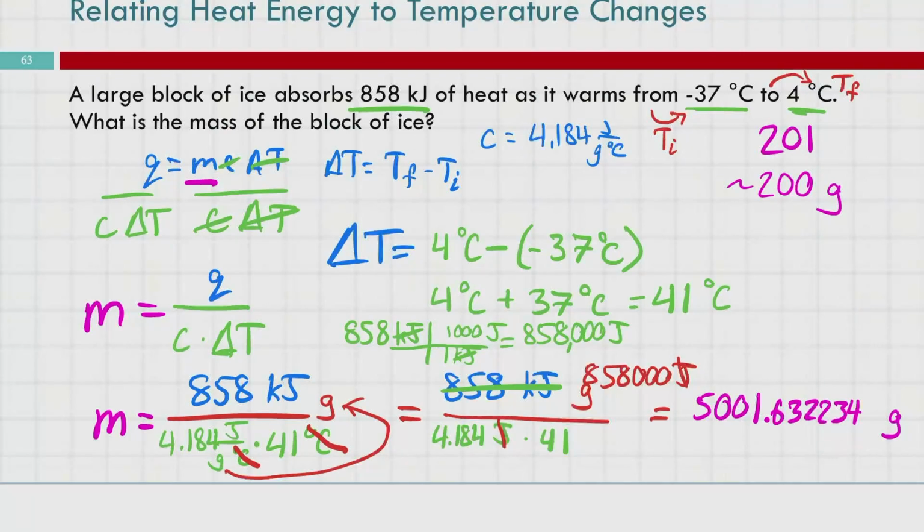So this would be like a 10-pound block of ice, 11-pound block of ice. For significant figures, we'd round it to 2, so we'd have to put it in scientific notation: 5.0 times 10 to the 3 grams. Questions? Confusions? Smart remarks?